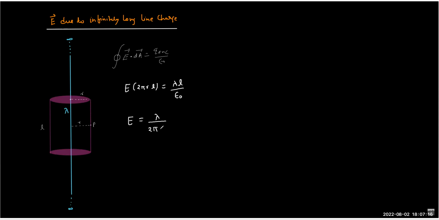E equals lambda upon 2 pi epsilon naught R, which you can also write as 2 lambda by 4 pi epsilon naught R. And we know 1 by 4 pi epsilon naught is called K. So this is 2K lambda by R. We have derived this already using the rod formula, where alpha and beta tending to pi by 2 gave the same answer. And now Gauss law is giving the answer in a very simple manner, isn't it? So powerful, very, very powerful.